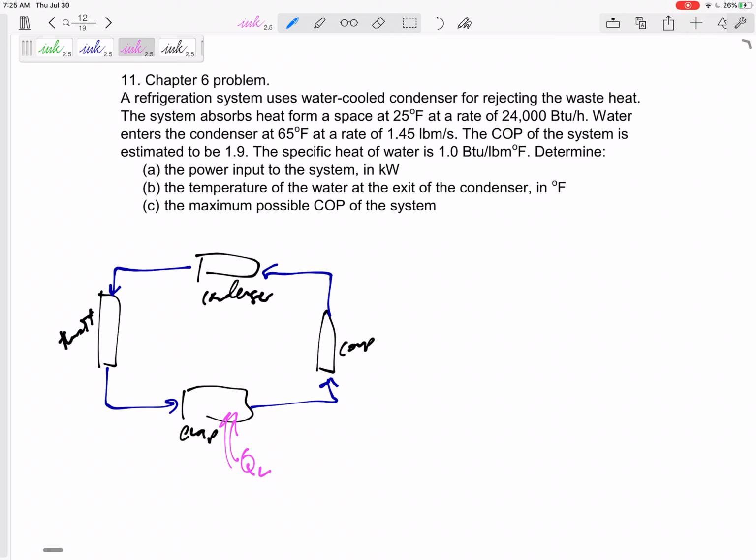The QL was going in here, the QH was going out here, and sometimes it spits the QH out into the air, out behind the refrigerator, into the atmosphere.